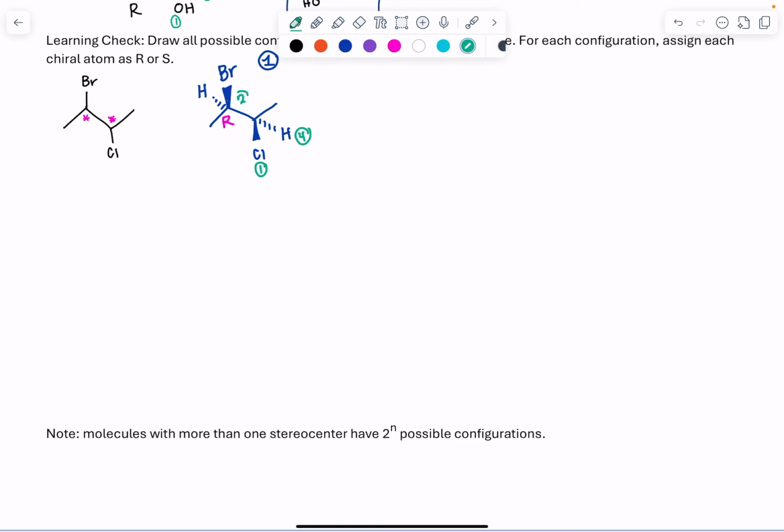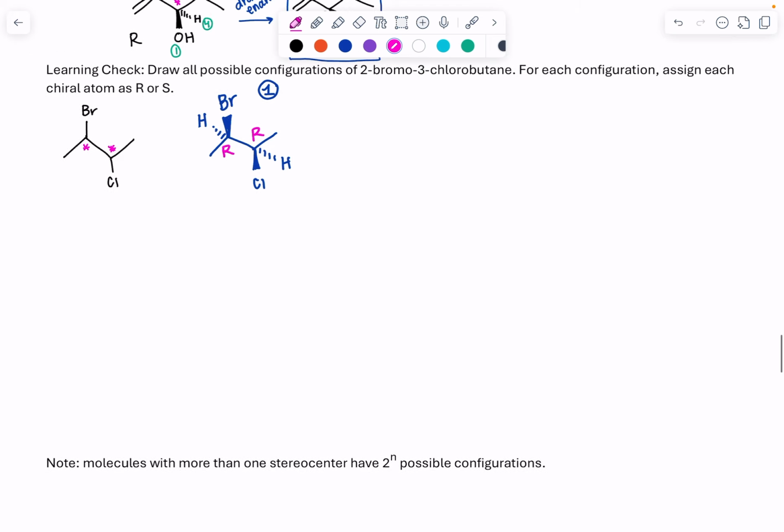So this will be priority 2, and this will be priority 3. Hydrogen's already in the back, 1 to 2 to 3 is clockwise, so this is also R. So in our first configuration, the combination of configurations is R and R.